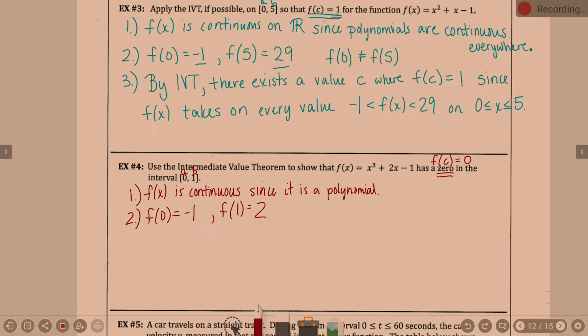If I'm plugging in 1, it becomes 1 plus 2, which is 3, minus 1, which is 2. Okay, and what do we know about these endpoints? f of 0 is not equal to f of 1, so the endpoints are not equal to each other.